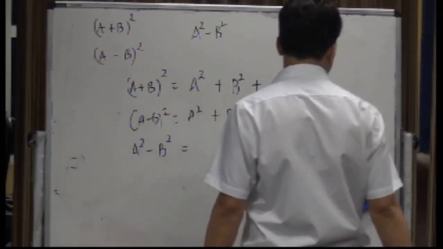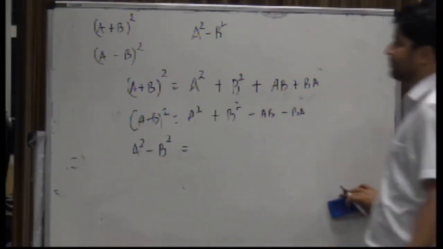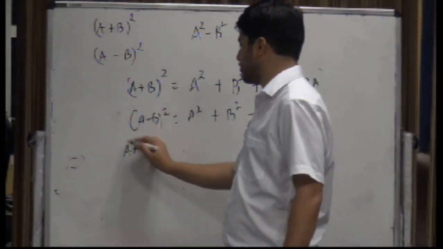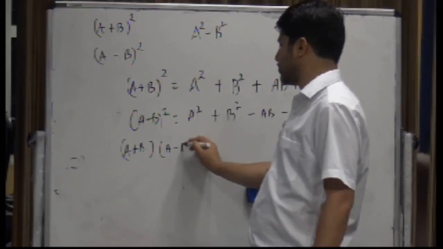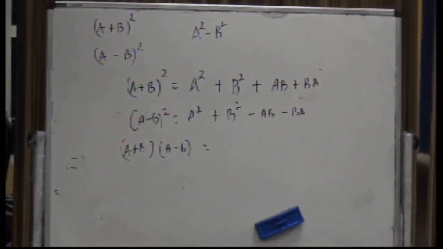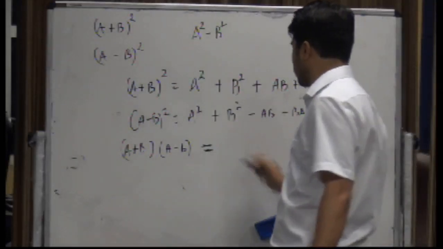What is A square minus B square? What is A plus B into A minus B? बताओ.